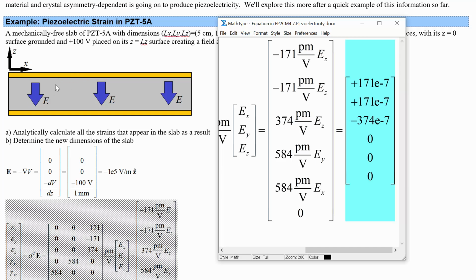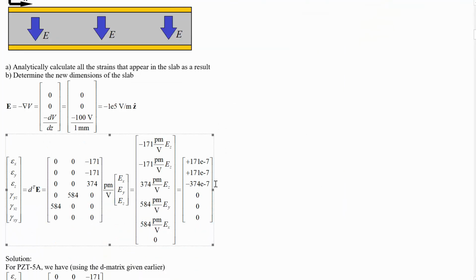Well, actually, I guess it ultimately is a Coulomb attraction, but not just this charge on this plate and this charge on this plate compressing the material. This is a different effect. It's moving around the atomic cores to allow things to move to create this strain directly from electric field.